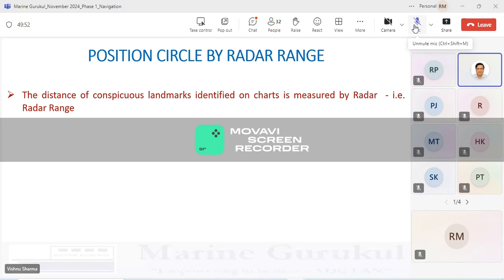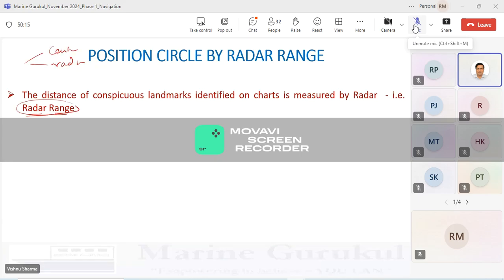Now, what do we do when we draw a position circle by radar range? We measure the distance of a conspicuous object on the chart by radar, and that distance we all know is called radar range. Then, to draw a circle, what do you need? You need the center and you need the radius.